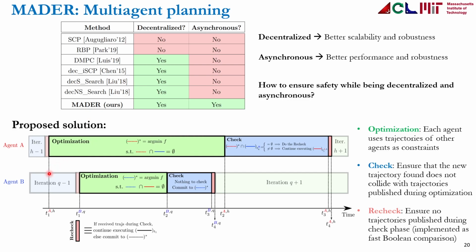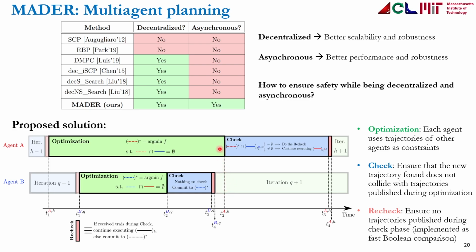However, as this is a completely decentralized and asynchronous algorithm, agent B will start the optimization, for example here, and then it's able to finish it before agent A finishes the optimization at this point. So that means that when agent A finishes the optimization here, the optimal trajectory that agent A has found may actually collide with the trajectory that agent B is executing here.